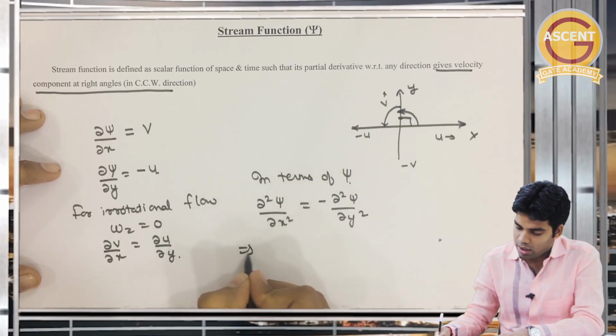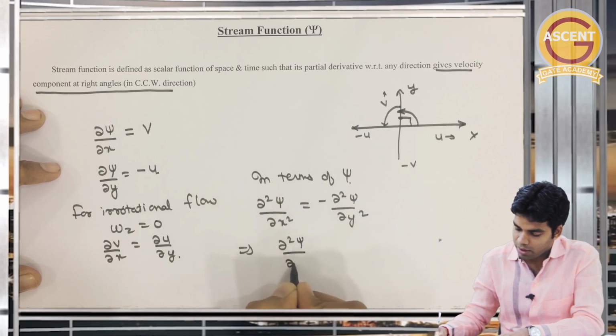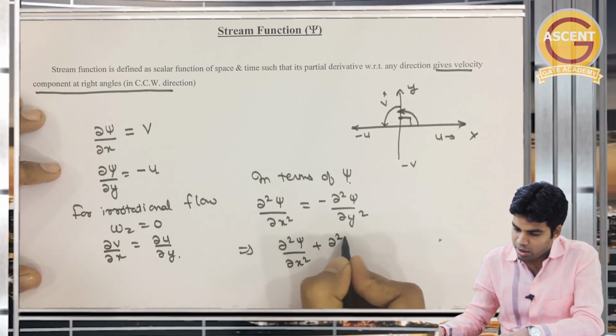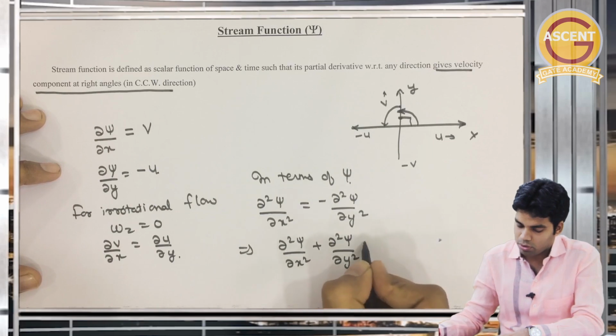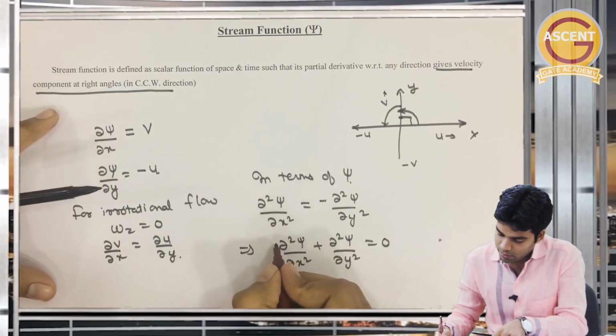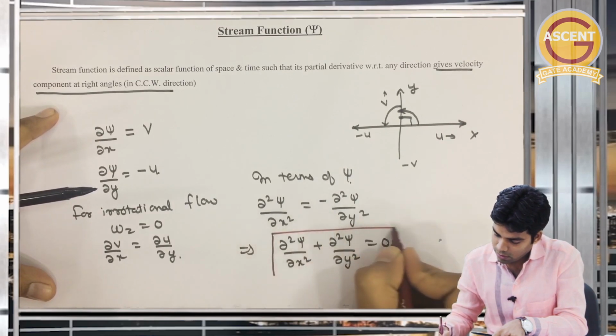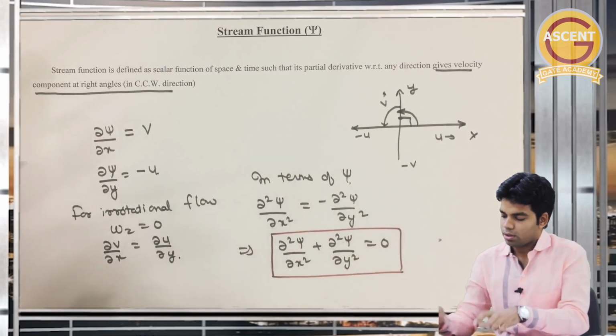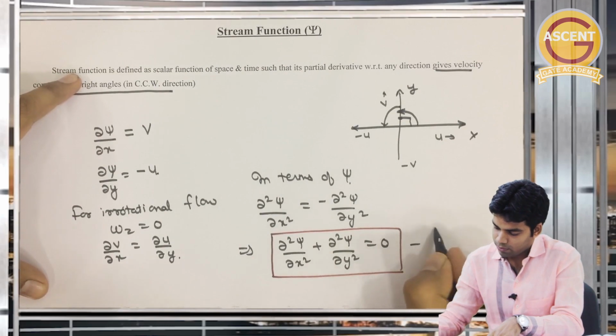Or you can say del 2 psi by del x square plus del 2 psi by del y square should be equal to 0. This is the condition for irrotational flow.